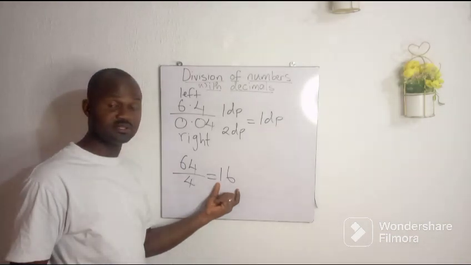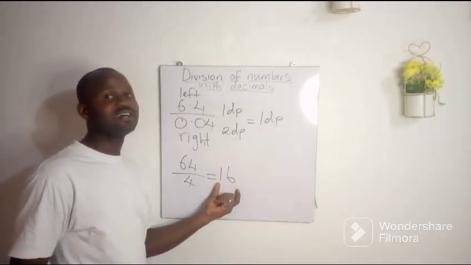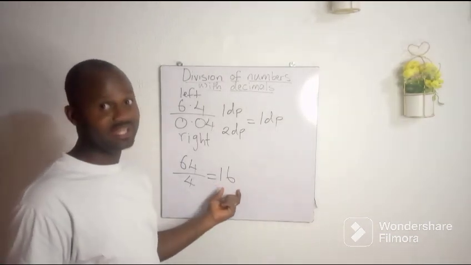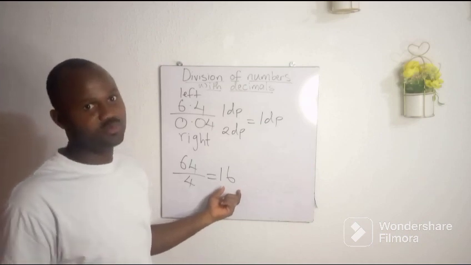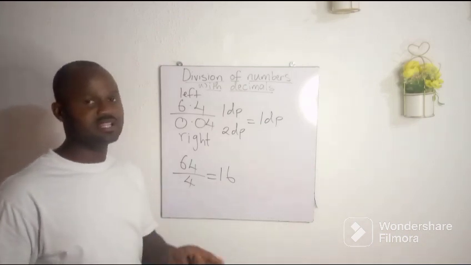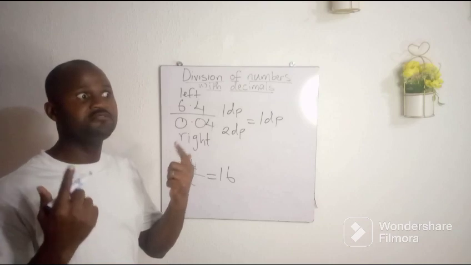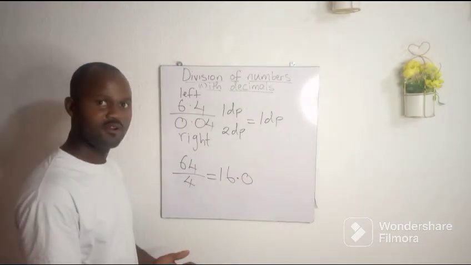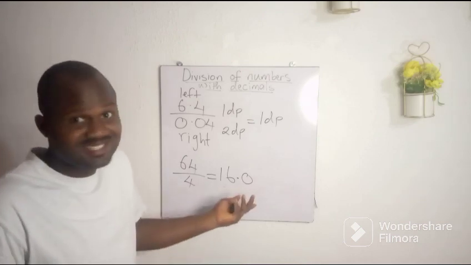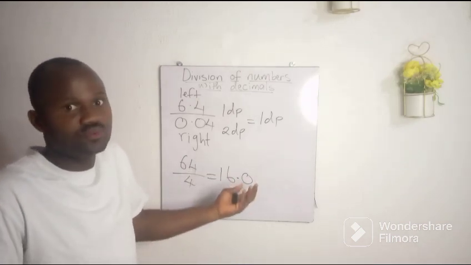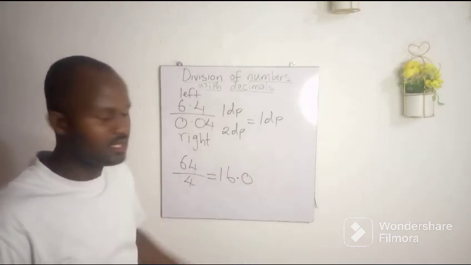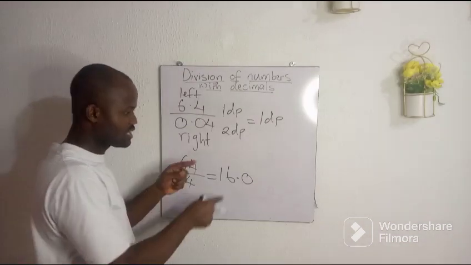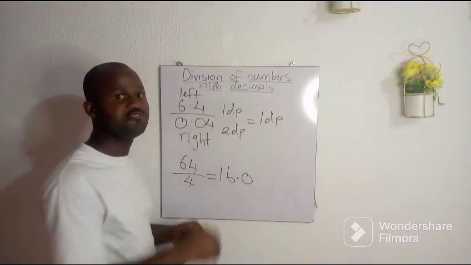Can you see a point in 16? Yes, we can see a point. How do we know there's a point? Because any whole number that stands alone has an invisible point 0. 16.0 is still 16. 2.0 is still 2. 3.0 is still 3.